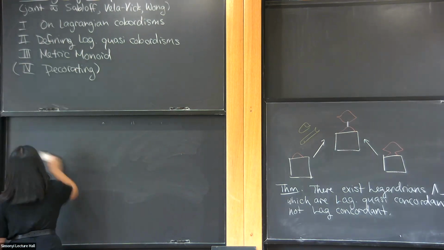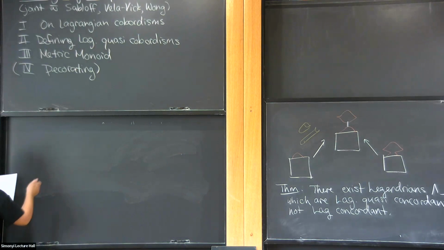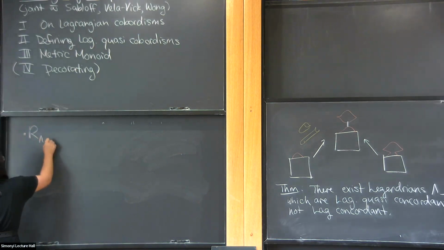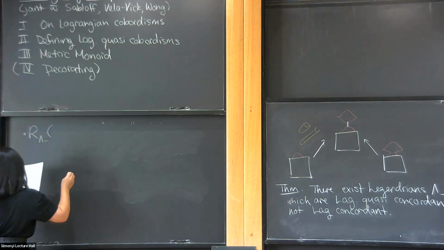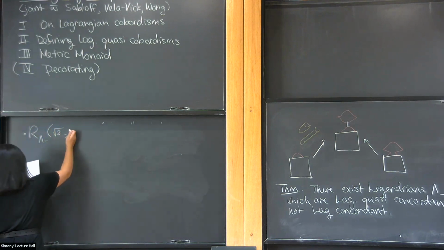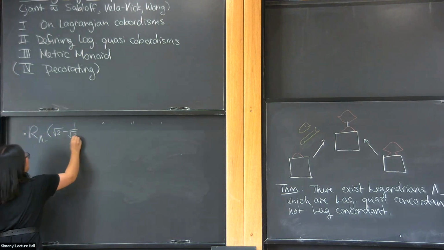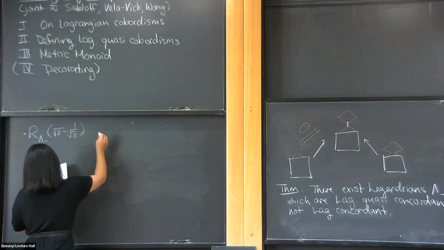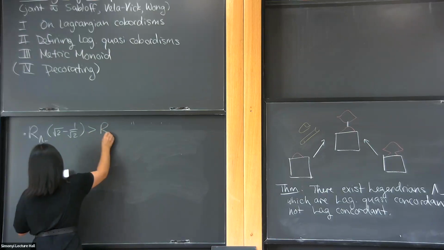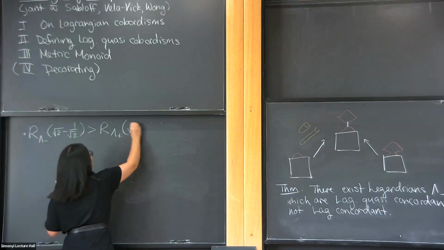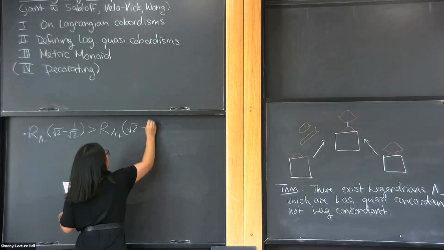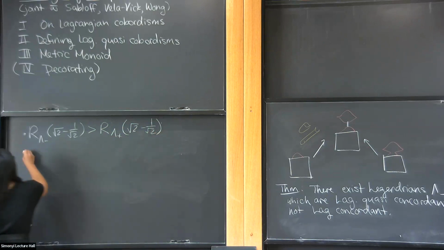So when I do this, what I end up seeing is that the ruling polynomial of, did I call them minus and plus? That was probably bad, but okay, that's fine. When I take this ruling polynomial, I get the inequality this way. And when I take this ruling polynomial, I get the inequality the other way.